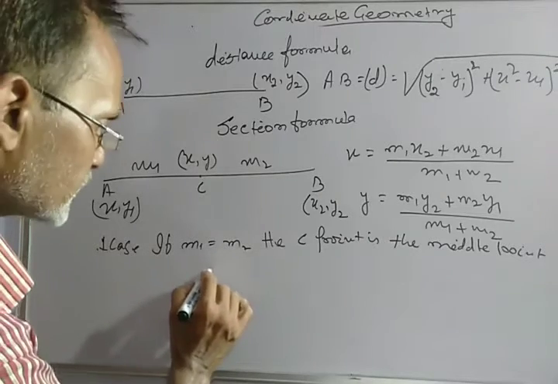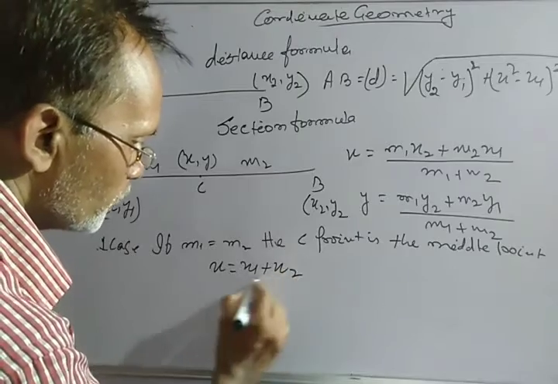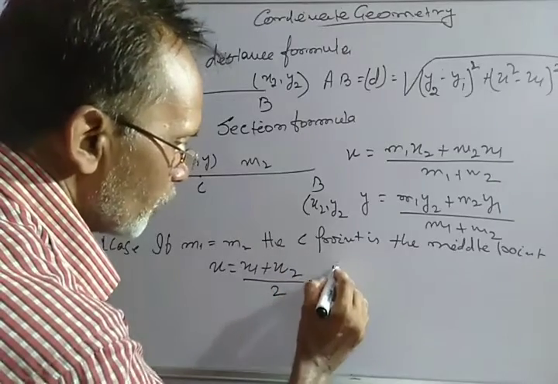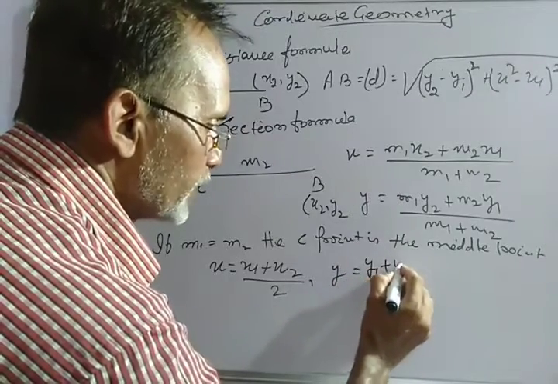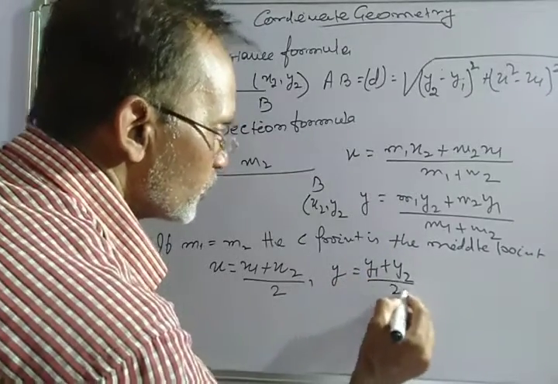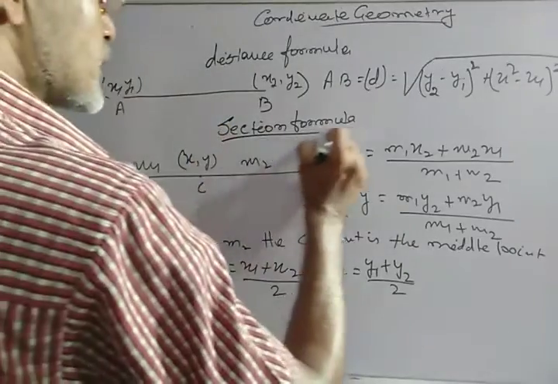So x is equal to (x1 plus x2) by 2, and y is equal to (y1 plus y2) by 2. So this is all about the distance formula and section formula.